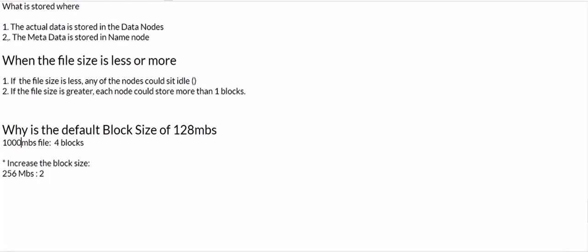Let's take the example of a 1000 MB file. According to 128 MB, we would be having 8 blocks. If we increase the block size to 256 MB, we would be having 4 blocks. If we go with 512 MB, we would be having 2 blocks. If we have 1024 MB of block size, we would be having only 1 block.